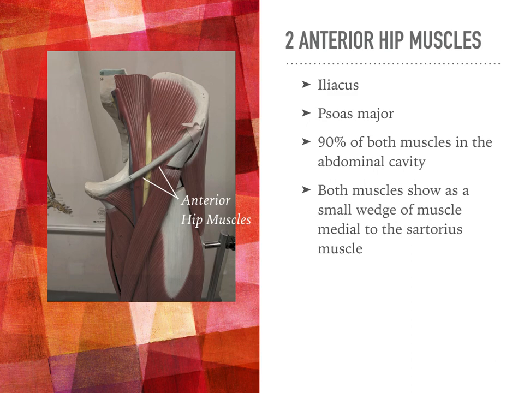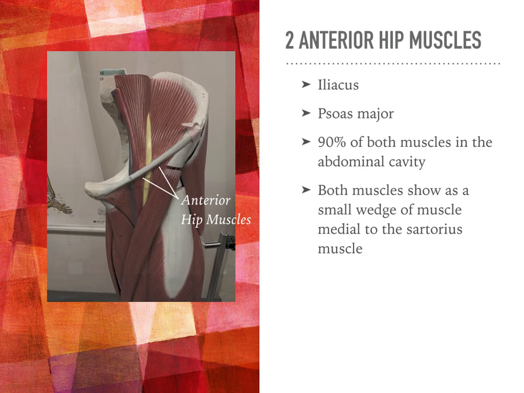Without them, then we're looking into the cavity and we can see the iliacus muscle and the psoas major muscle. In most pictures, the ones that are superficial, these 2 muscles only have about 10% of the muscle showing, as you can see here, sticking out into the upper part of the thigh.